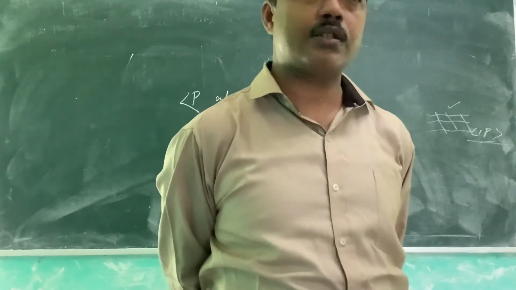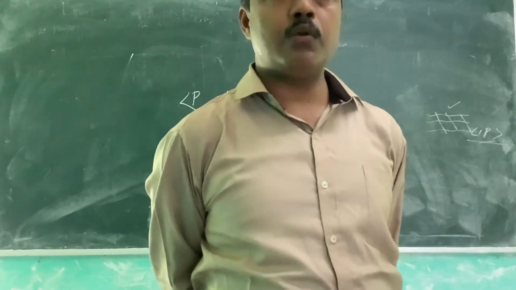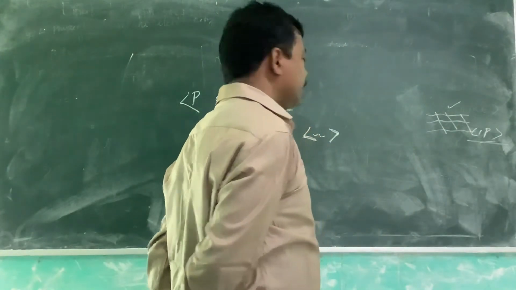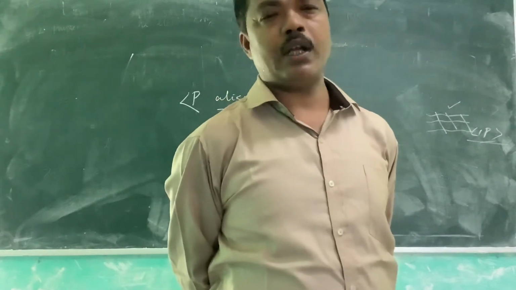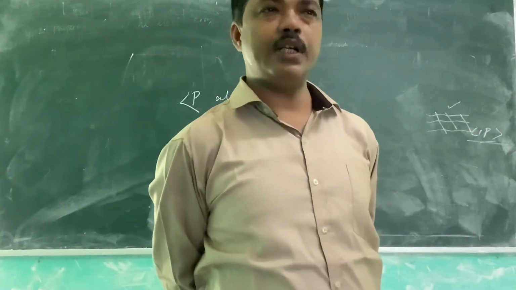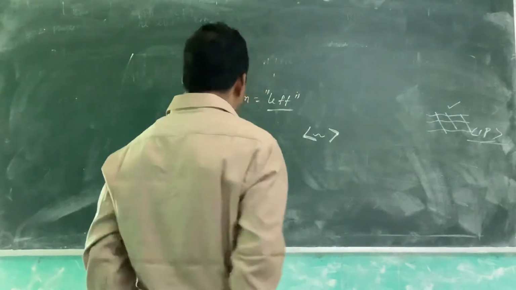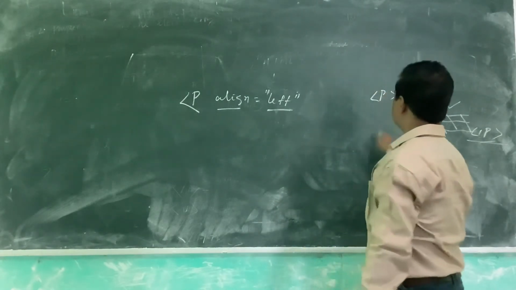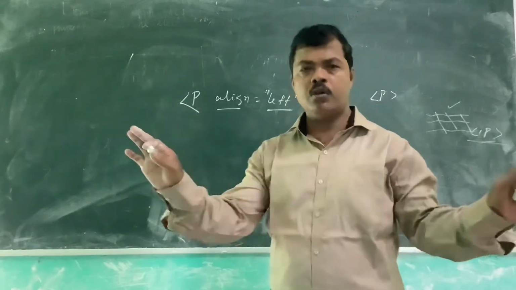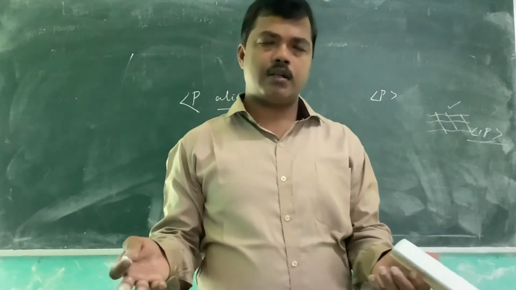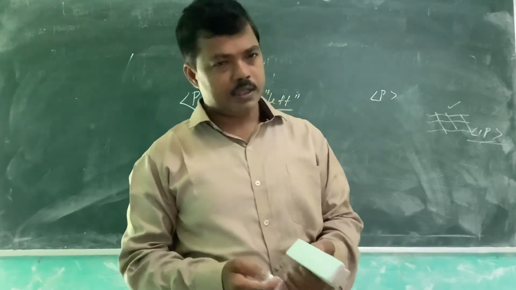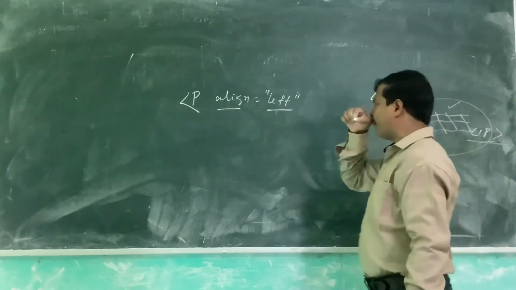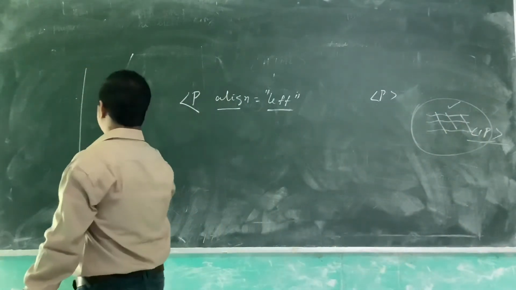But there are so many tags to which we have to include some characteristics or attributes, and if you include an attribute, then you have to give an appropriate value based on the tag. Here you just typed P, that means no attributes and no values are given. But I want to display the contents of the paragraph on the left side of your output window.